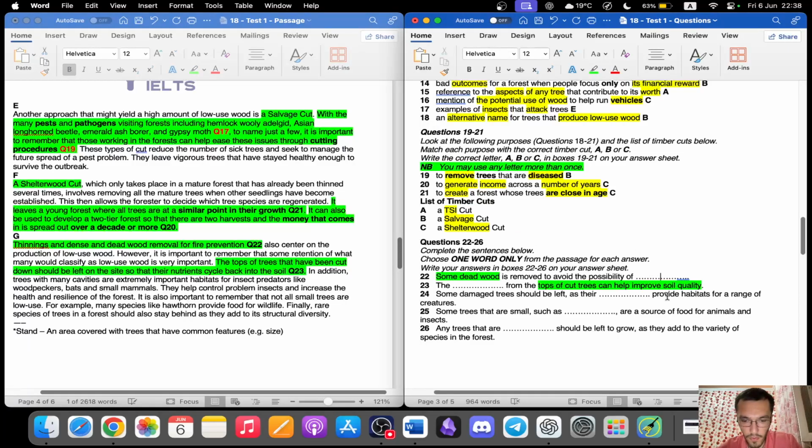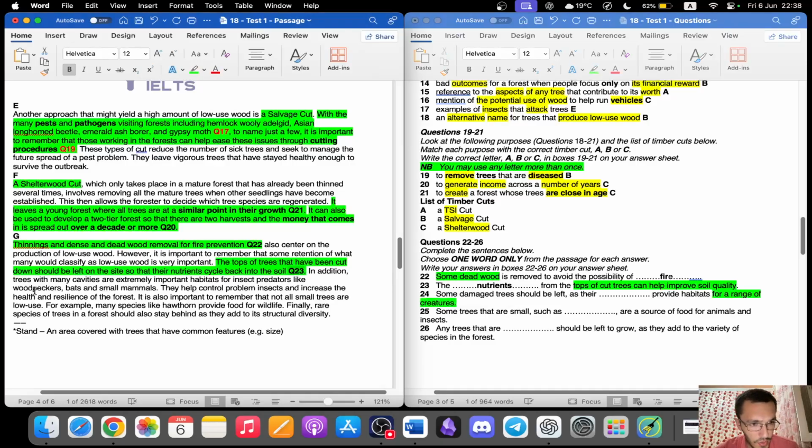Here it has to be fire, and here it has to be nutrients. Some damaged trees should be left, as they provide habitats for a range of creatures. In addition, trees with many cavities are extremely important habitats for insect predators like woodpeckers, bats, and small mammals.